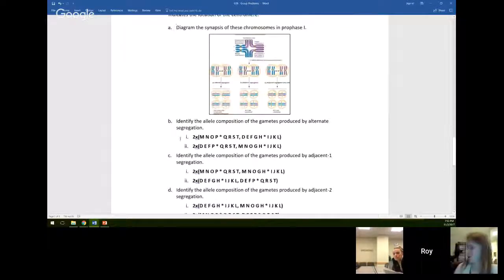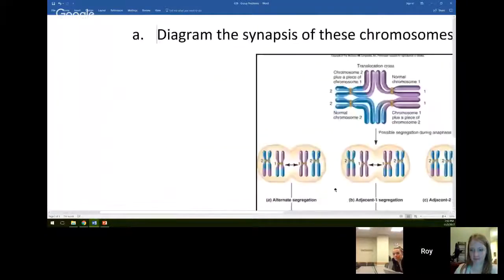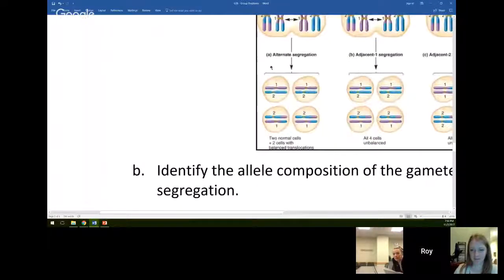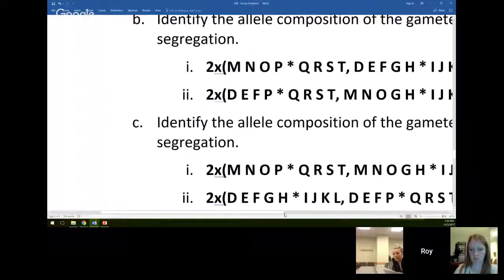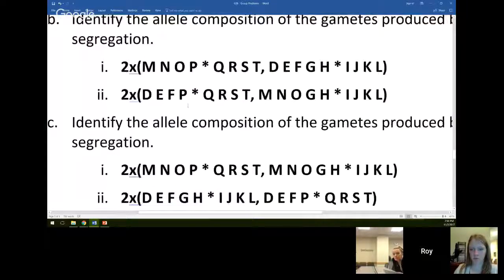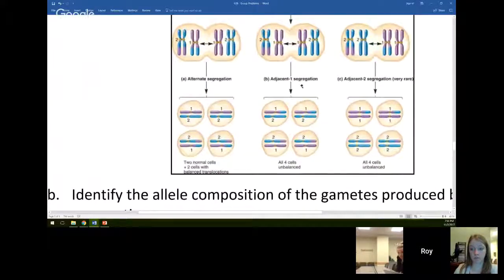And so that's the diagram they're asking for. Then it says to identify the allele composition of gametes produced by the alternate segregation. Again, it's in the diagram, posted right here. So this is what you're given for the alternate segregation. You're going to end up with 2 of each of these, and then it identifies the alleles in the adjacent 1 segregation.